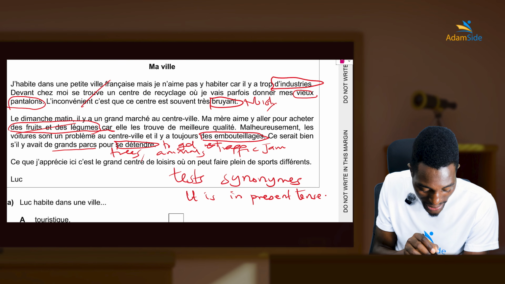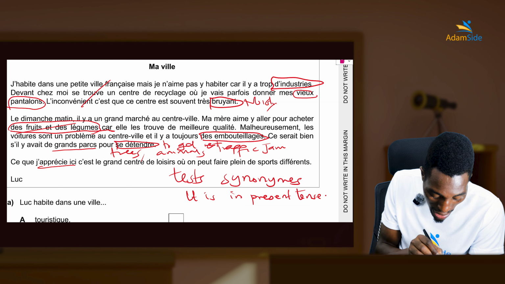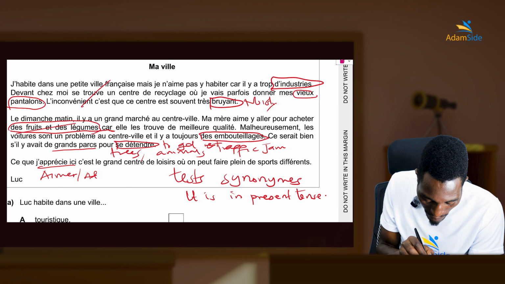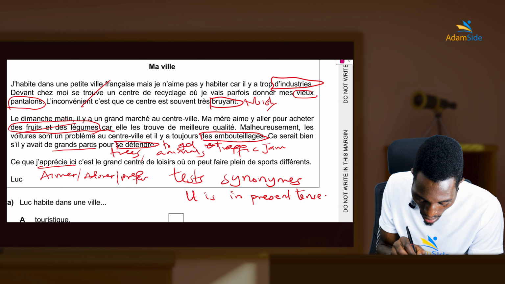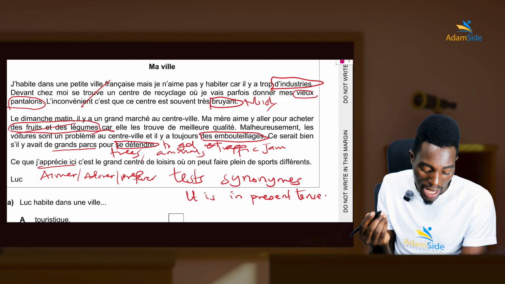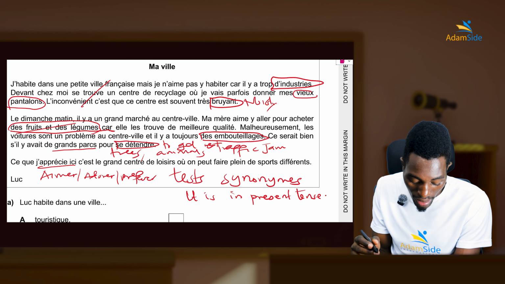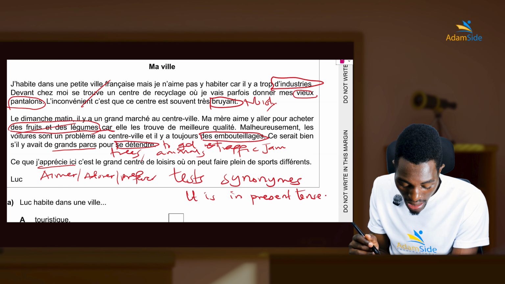Ce que j'appréciais. Apprécier, c'est aimer, adorer, préférer. These are all the verbs which refer to like or to love. Ce que j'appréciais ici, c'est un grand centre de loisirs où on peut faire plein de sports.